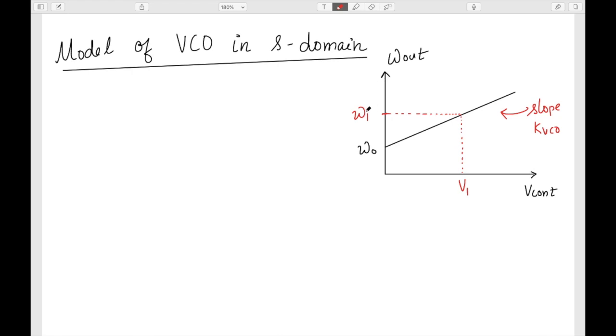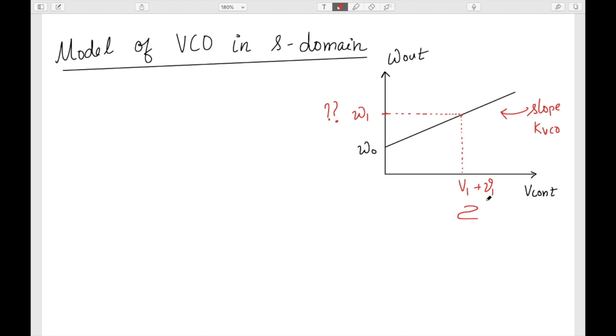Okay, so now what I want to see is loop dynamics, meaning the small signal analysis. Just like we do a small signal analysis for a circuit, we want to know the behavior: this is like a DC value, and if there is a small change additional on top of that, let's call it a small v1, then how much is my omega changing?